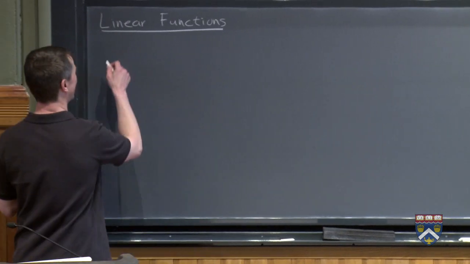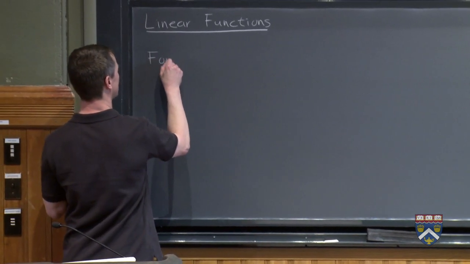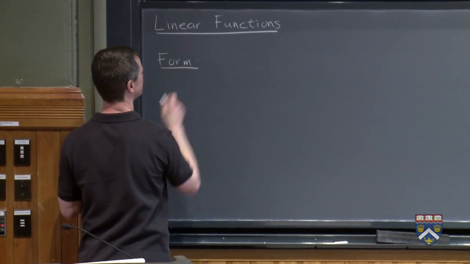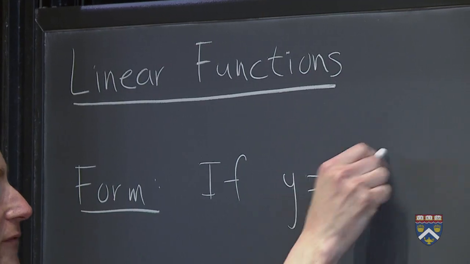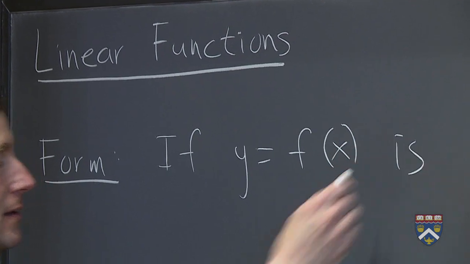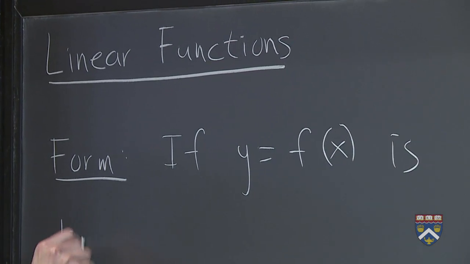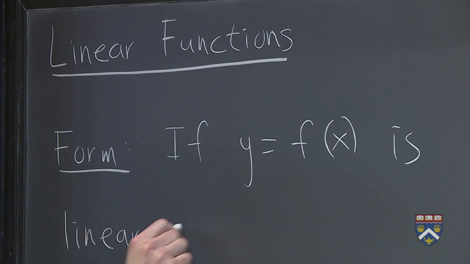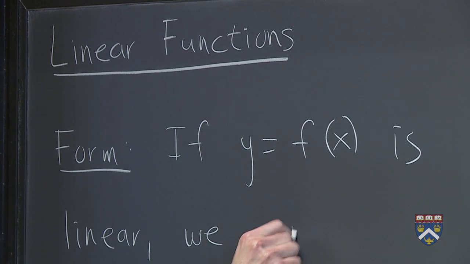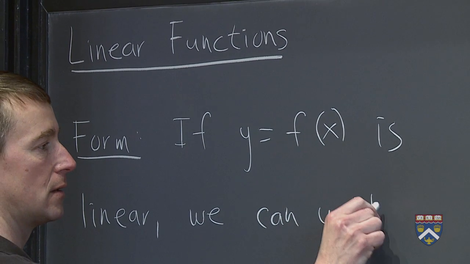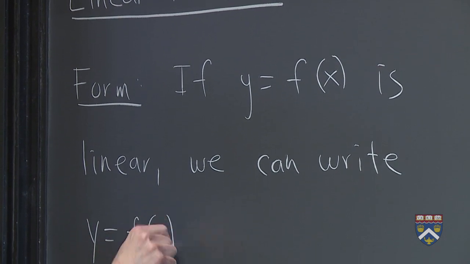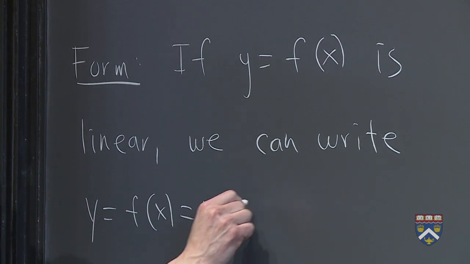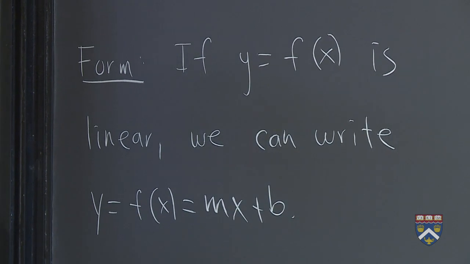All linear functions take a certain basic form. So if y equals f of x is linear, we can write y equals f of x equals mx plus b.